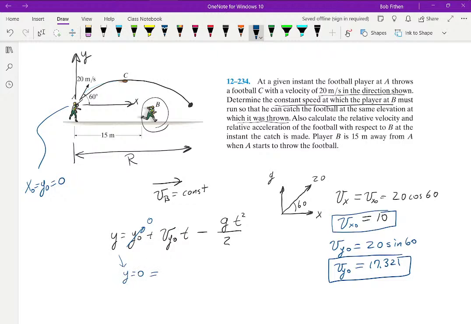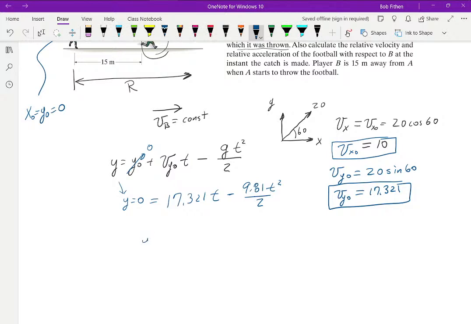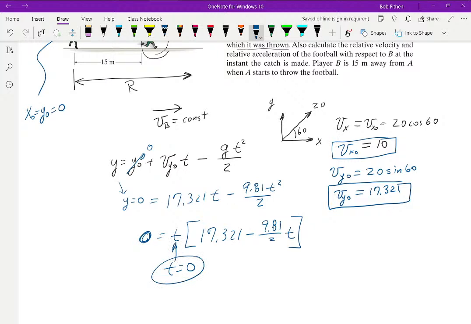At what times does this occur? Well, 17.321 t minus 9.81 t squared over 2. I can take out the t, and yes, in fact, t equals 0 will satisfy this equation.